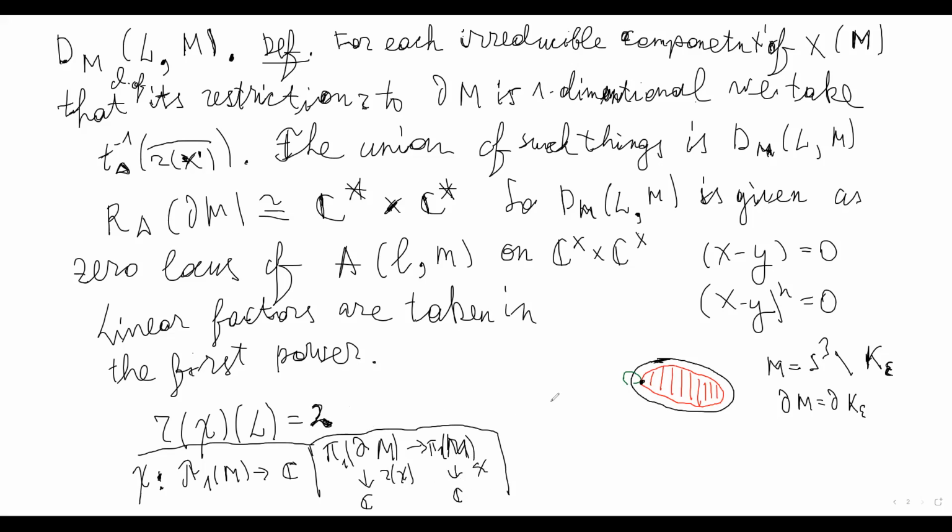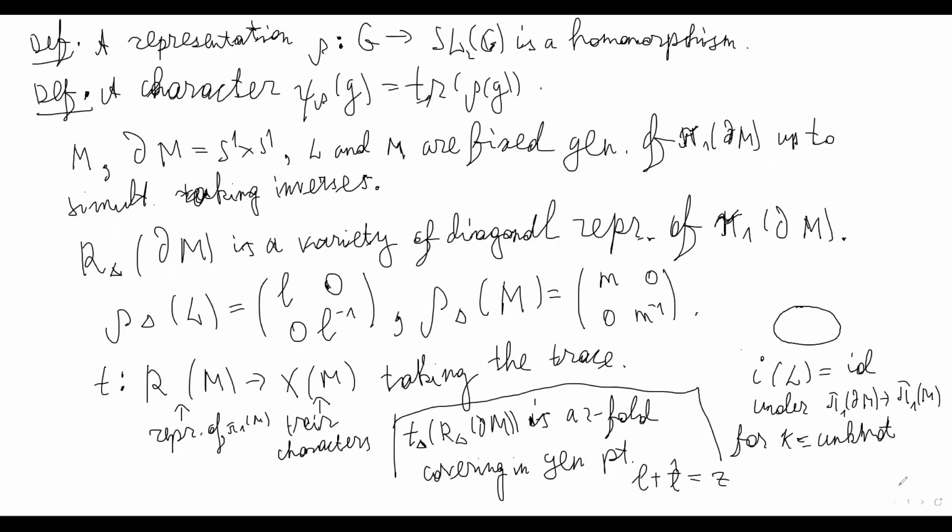So it is mapped to 2, and then we need to take the preimage under this mapping that takes a matrix to its trace.